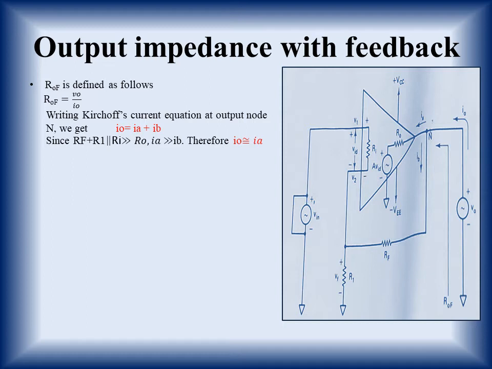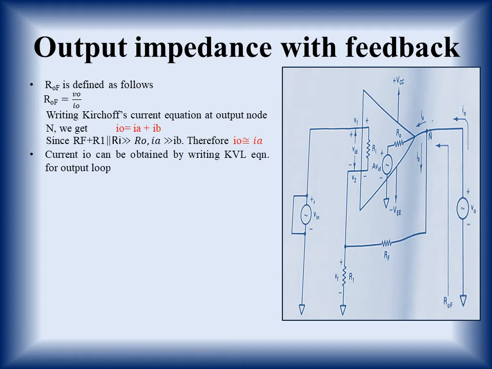If this combination is very much greater than RO, then IA current will be very much greater than IB. If resistance is high, then current will be low. So we can approximately say that IB is very small as compared to IA, or we can write I naught is approximately equal to IA.